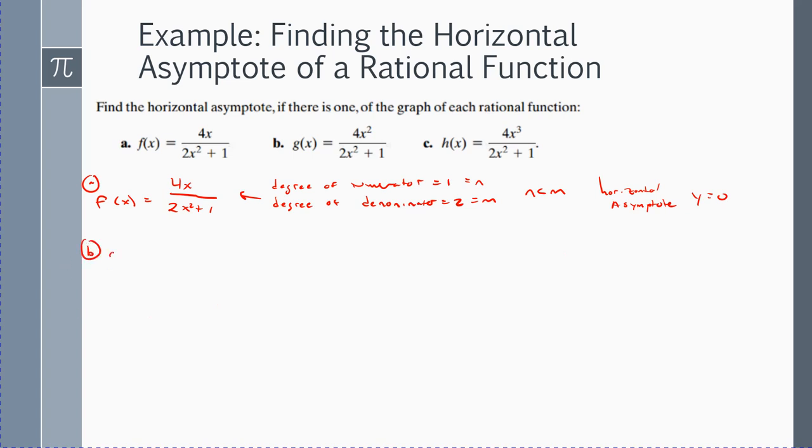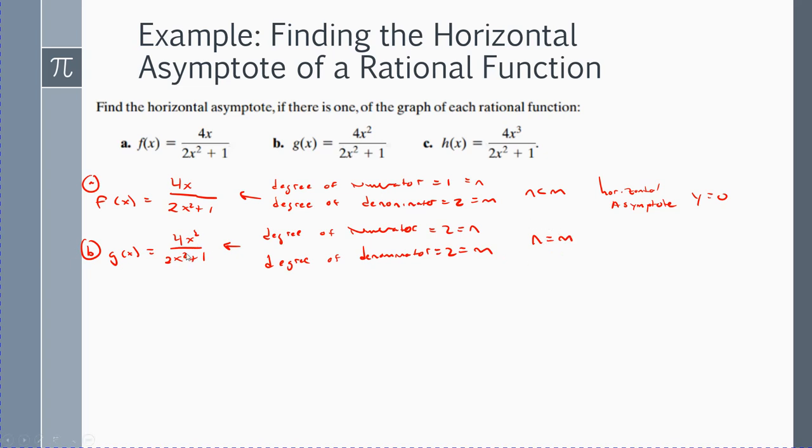B, let's look at the second one. g of x is equal to 4x squared over 2x squared plus 1. The degree of the numerator is 2, that's my n. The degree of the denominator is also 2, that's my m. So we see here that n is equal to m.